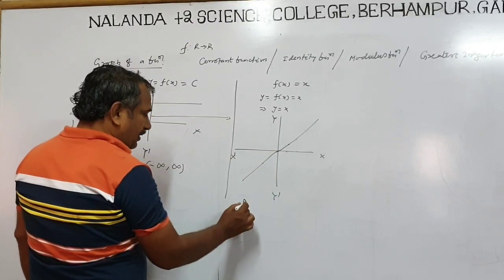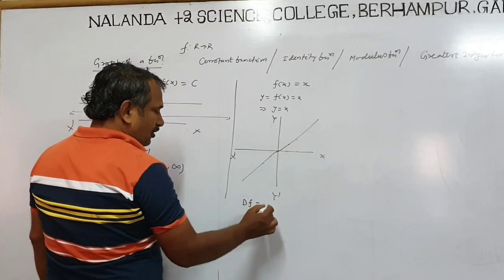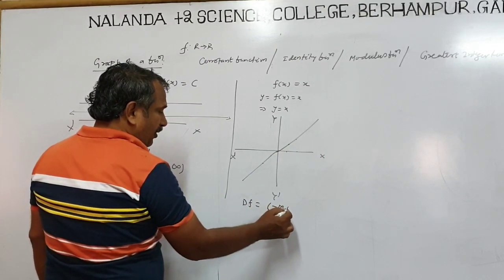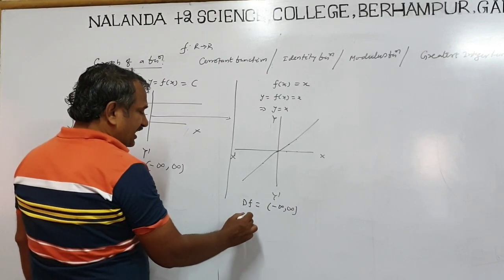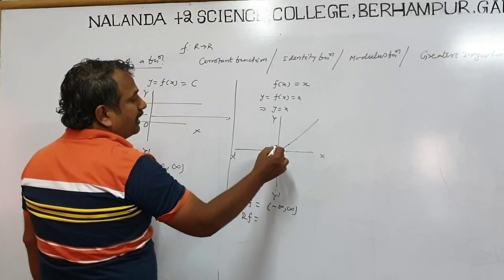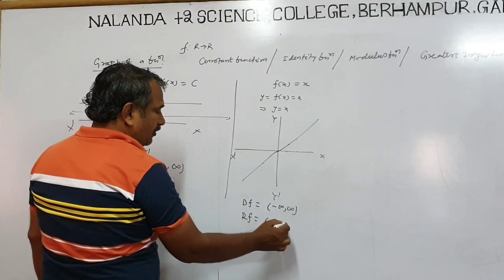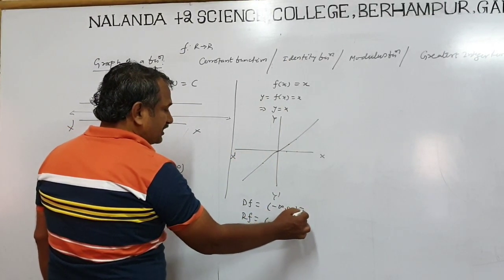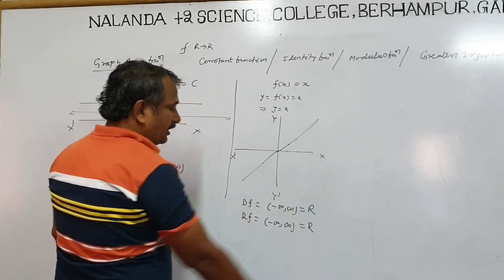Now what is the domain of the function? X is a real number, so minus infinity to plus infinity. What is the range? y is also minus infinity to plus infinity, or you can write real numbers.